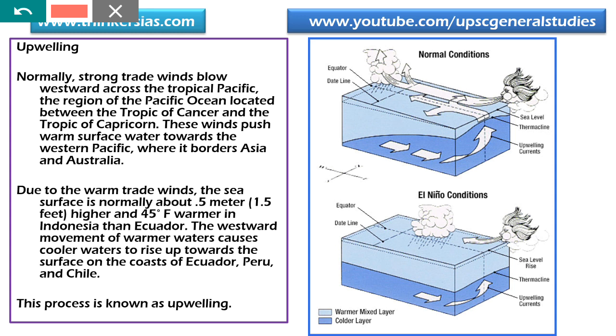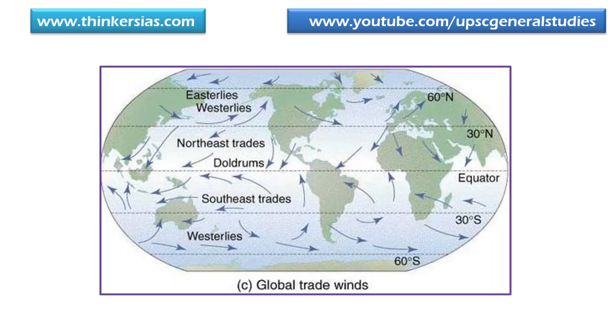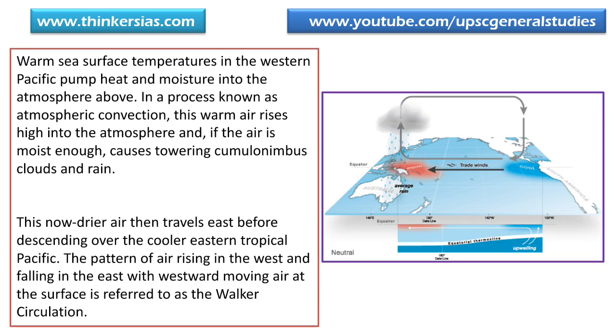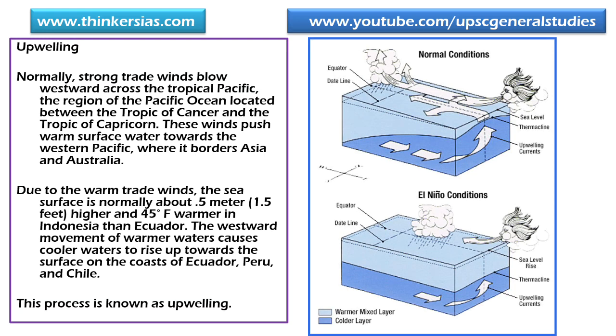Due to the trade winds, the sea surface on the western Pacific Ocean is normally about 0.5 meter higher, so it is about 1 foot higher than towards the eastern Pacific Ocean. That is the major event during normal years.